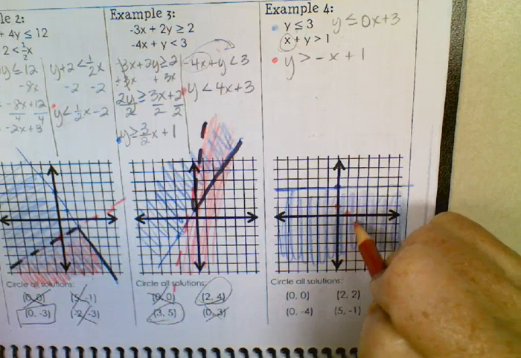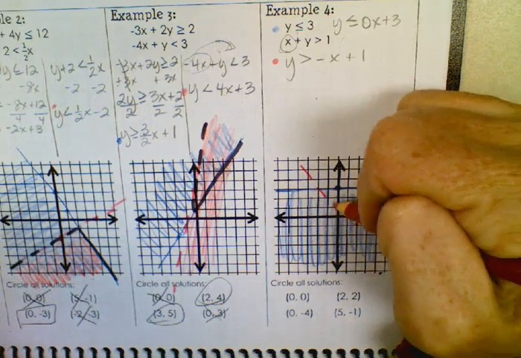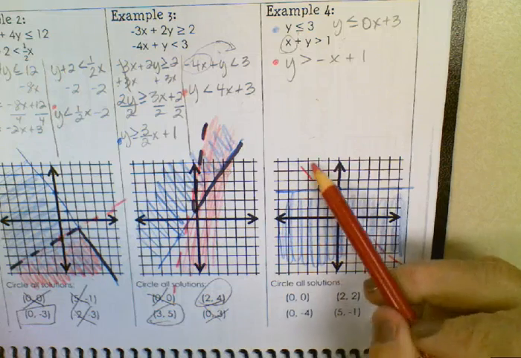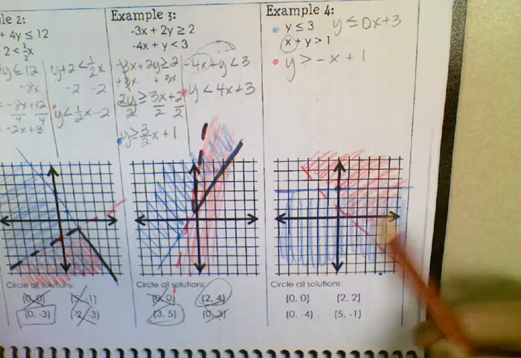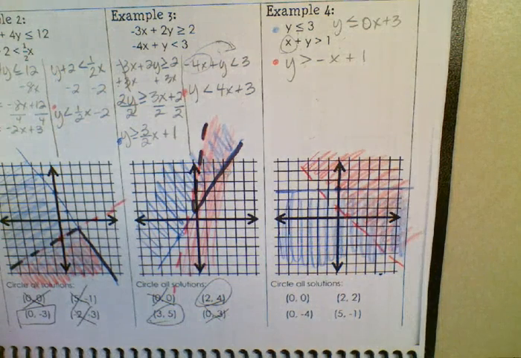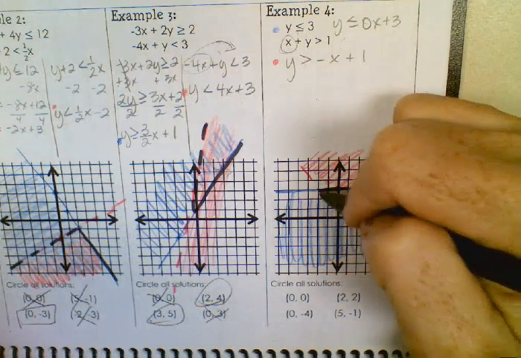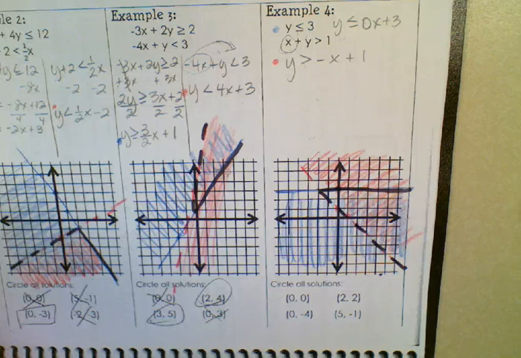Sorry for the interruption. That's going to be a dashed line, and it'll be everything that says greater than, so it's going to be everything above that line. Our region right here will be our solution region.